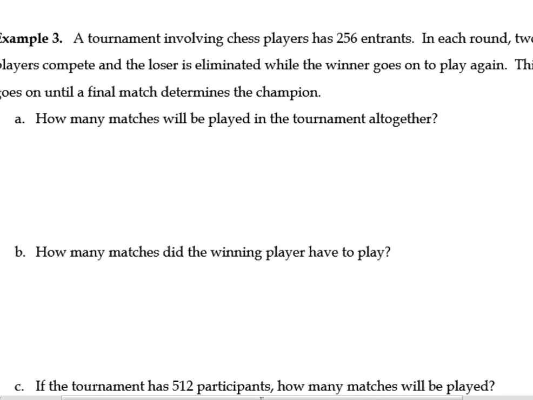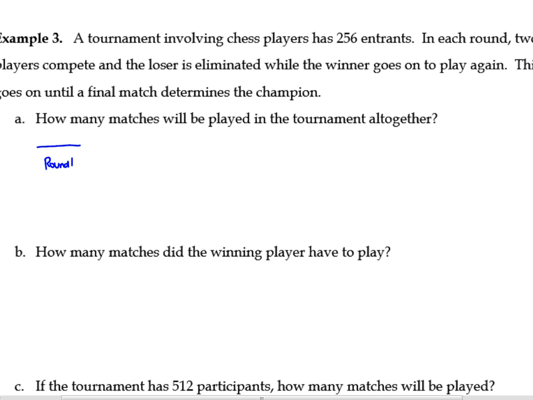So let's start with making a sequence here. So in round 1, because we're looking for how many matches altogether, let's make the number of matches or the number of games in each round our terms. So in round 1, how many matches are played?